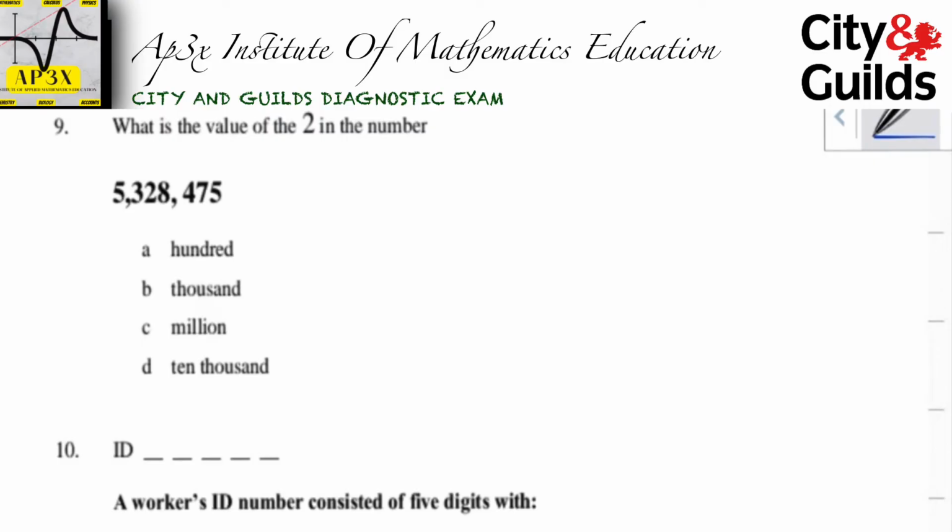What is the value of the 2 in the number 5,328,475? Now, particularly, I know it can't be a million because I know already that 5 represents the million. So by process of elimination, it can't be a million. We're looking at the 2, which is here, so it's 328,000.